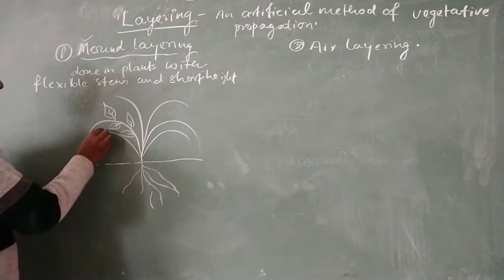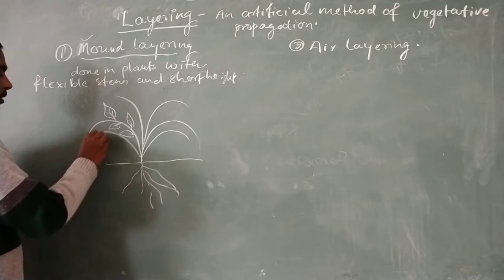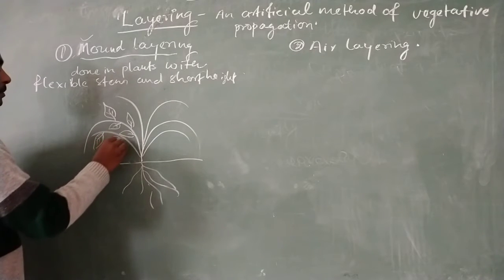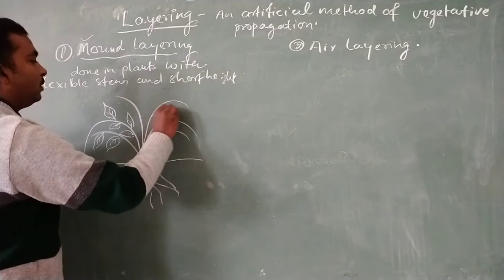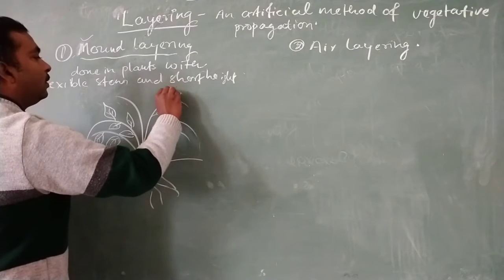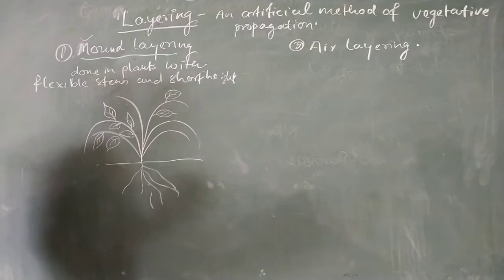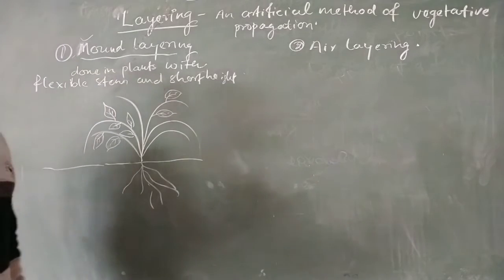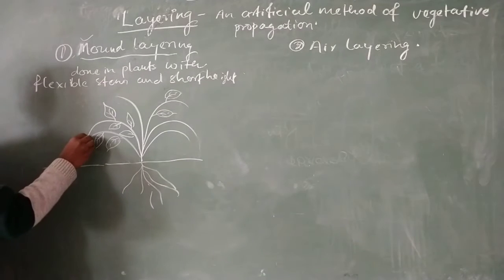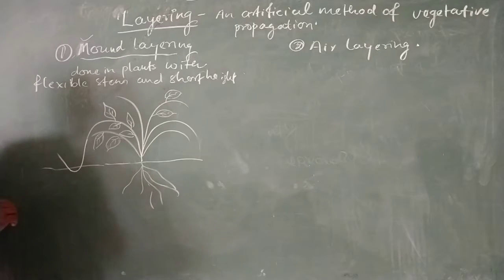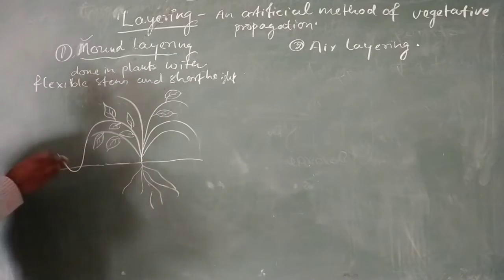There are numerous branches, and these branches are flexible, means they can bend easily. So for the mound layering, any one of these branches needs to be bent near the soil, and after bending near the soil, it needs to be dumped into the soil.